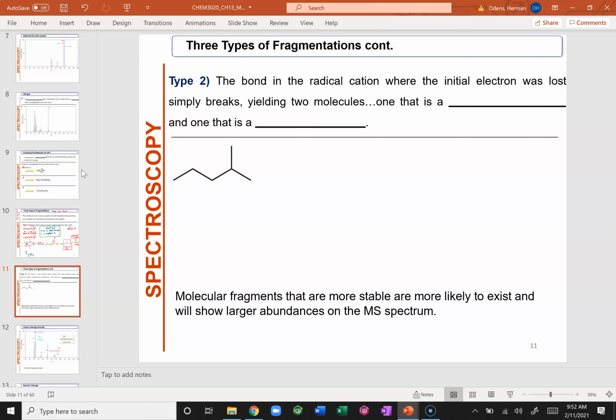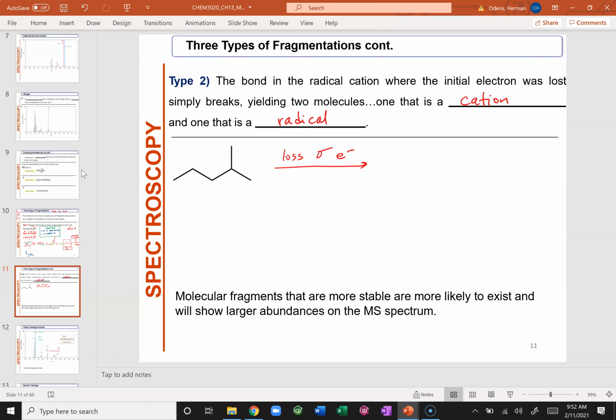So the second type is when we fragment alkanes, and usually we form a cation radical. In this case, you will lose an electron from a sigma bond. So this is a loss of a sigma electron.